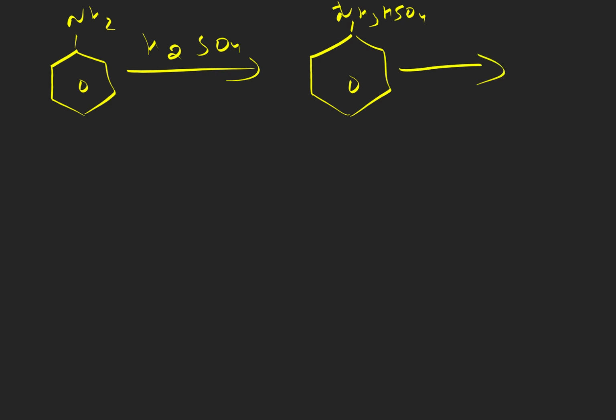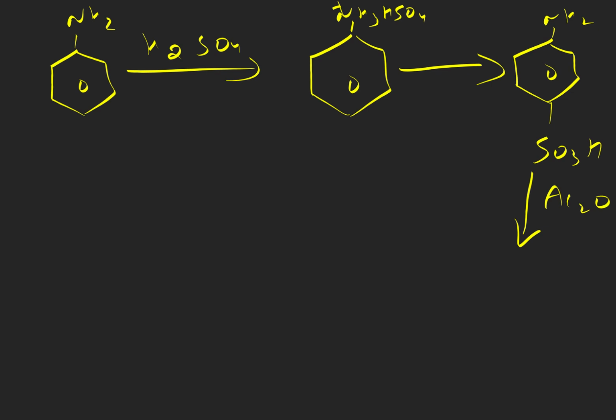This will then rearrange to give SO3H para with respect to the amine. Then we do the protection of the amino group. Then we will get NH, C double bond O and CH3.